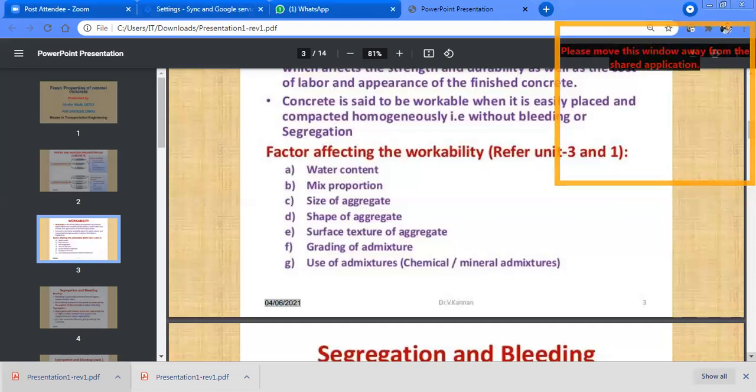Surface texture of aggregate is also one of the factors. Grading, as we know from BS, is always discussed in the BS, and the grading of aggregate is most important in the fresh properties of concrete. We also use admixtures. Suppose the weather is hot or cold, we will do a treatment according to the weather condition. There are certain types of admixtures which are used.